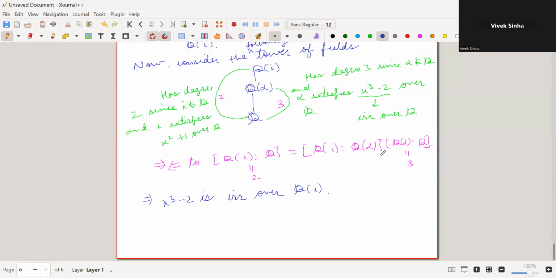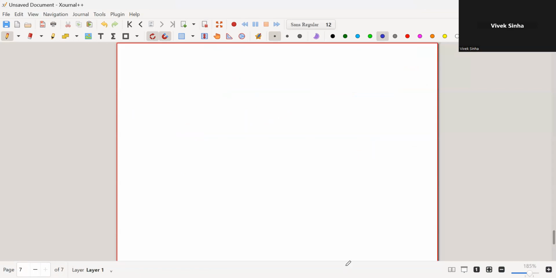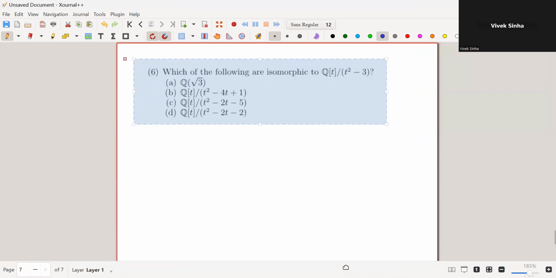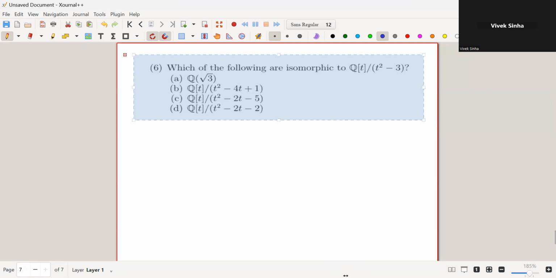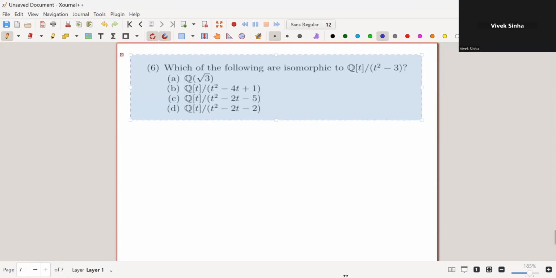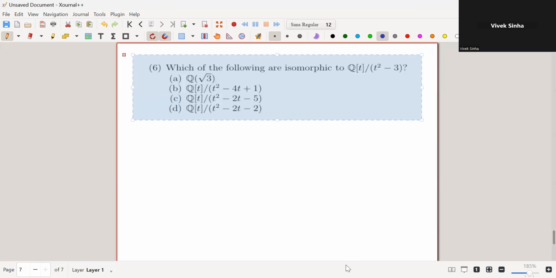Okay, so let's move to the next question. It says which of the following are isomorphic to Q[t] modulo t square minus 3.